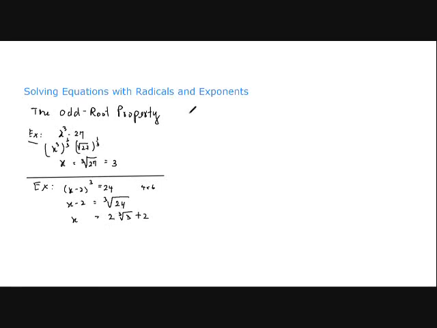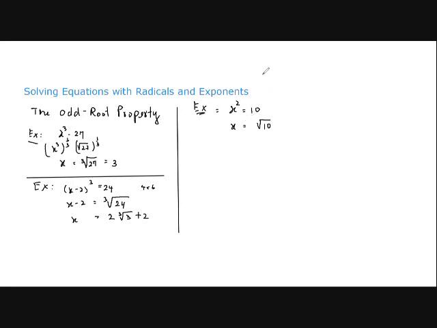Now let's look at the even root property. Start with an easy one: x squared equals 10. So x equals the square root of 10. Tell me, is this right or wrong?